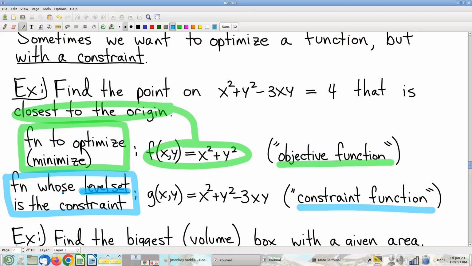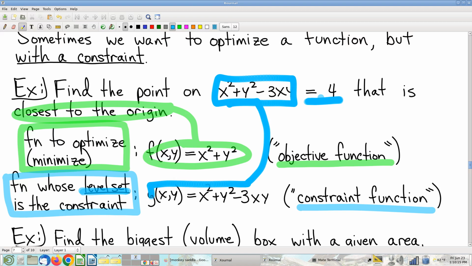Notice up here in this equation, I've already got it written as a level set. I've got blah, blah, blah equals constant. That means level set. So the function whose level set is my constraint is this function right here. Is everybody happy?